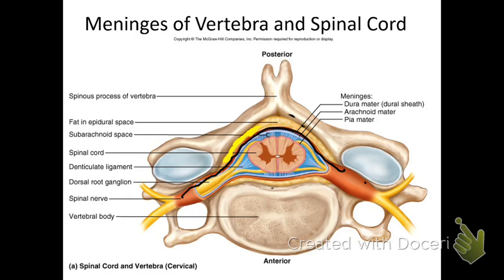So here's that fatty epidural space that is outside of the dura, but still within the vertebral foramen. And that would be the area that a nurse anesthetist or an anesthesiologist would be trying to send that anesthetic, right? Bring that needle in between the vertebra and inject it in that space very delicately.